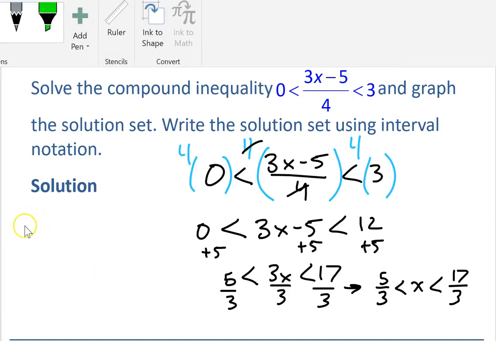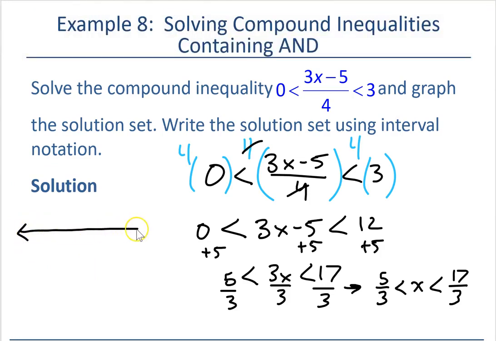So notice if we start graphing this, 3 will go into 5 one time, and that's going to leave us 2/3. So that's going to be basically 1 2/3. So let's do it this way. Let's come in here with a 0, 1, 2, 3, and so on up to 5, 6, and 7.